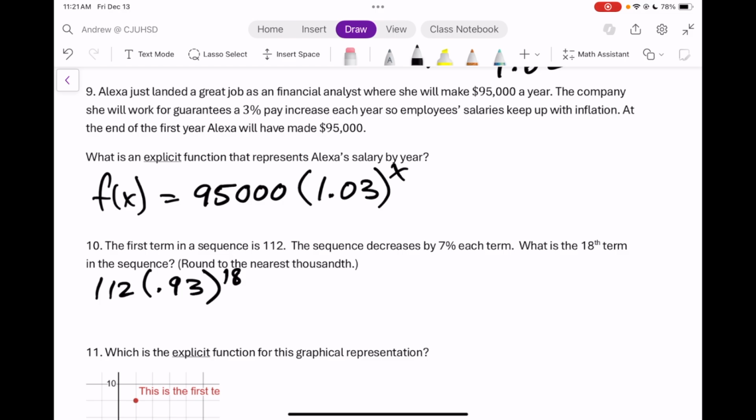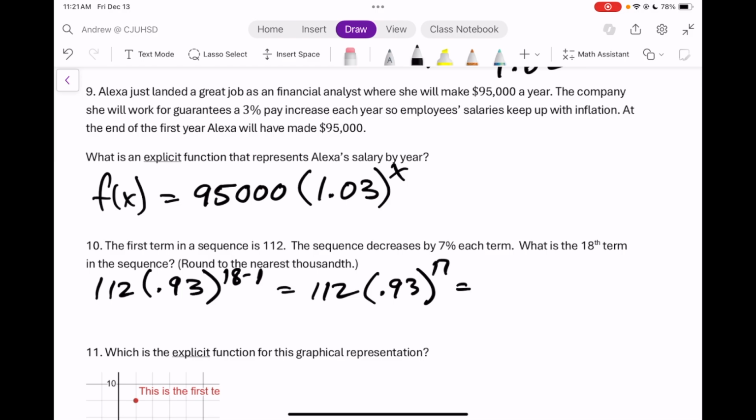Well, remember, that's got to be 18 minus 1, because 112 is the first one. We don't want to multiply it 18 times. We want to multiply it 17 times by itself to get the 18th term. So in other words, this is 112 times 0.93 to the 17th power.